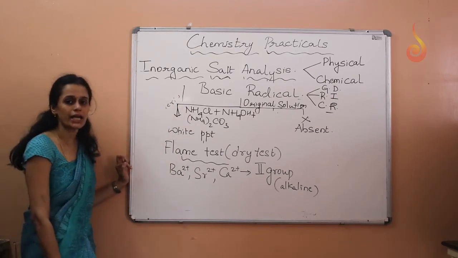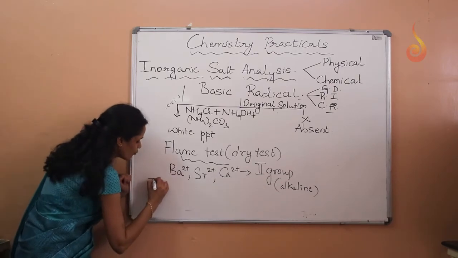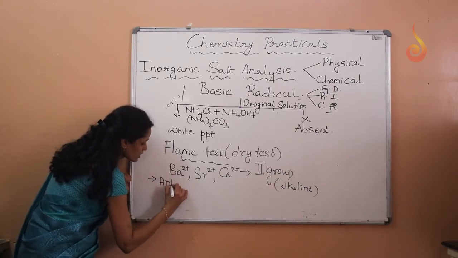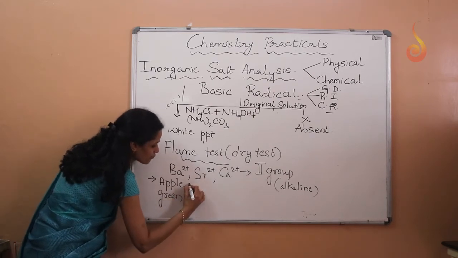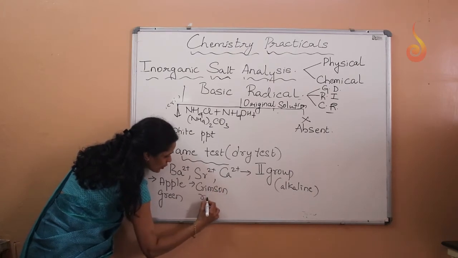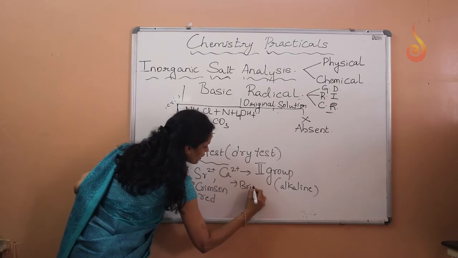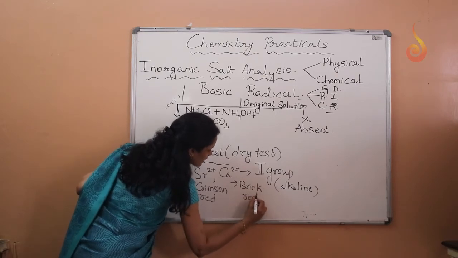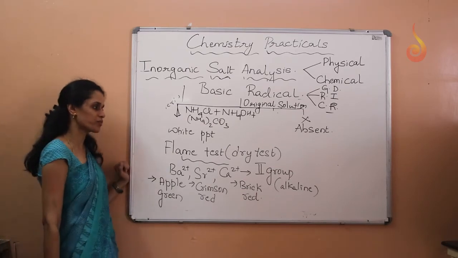So what are the characteristic colors for these three fifth group radicals? For barium, it is always apple green color. For strontium, it is always crimson red color. And for calcium, it is always brick red color. What is the procedure for the flame test?